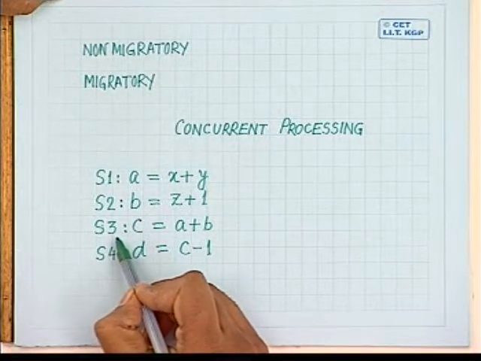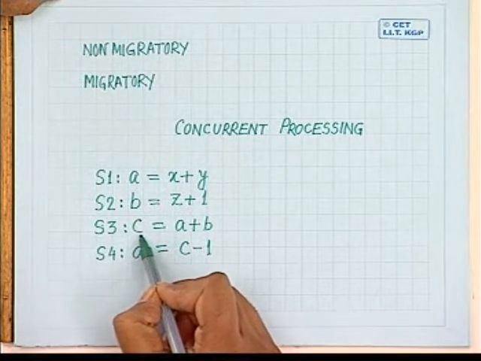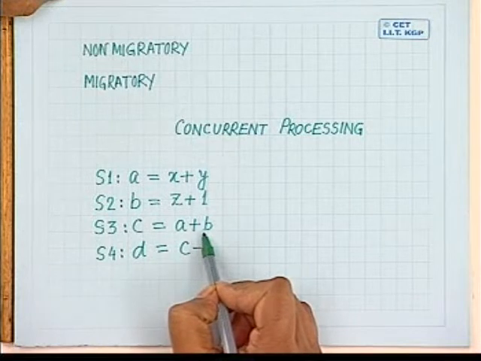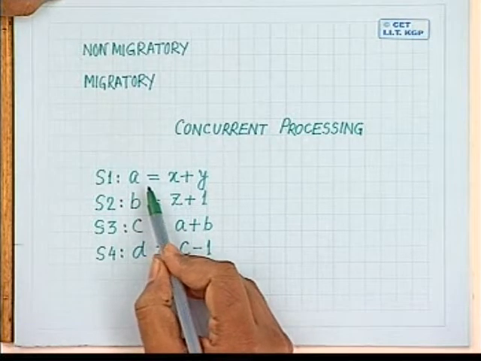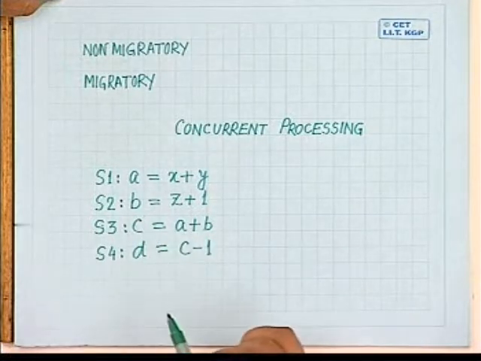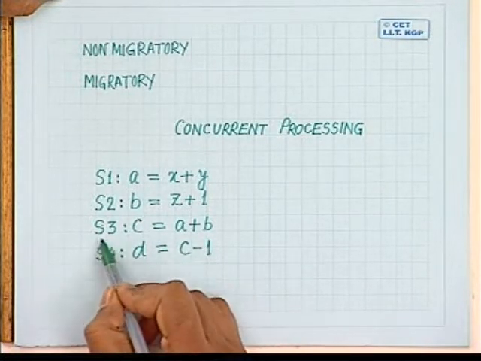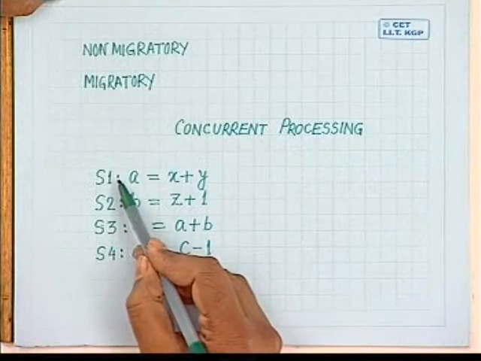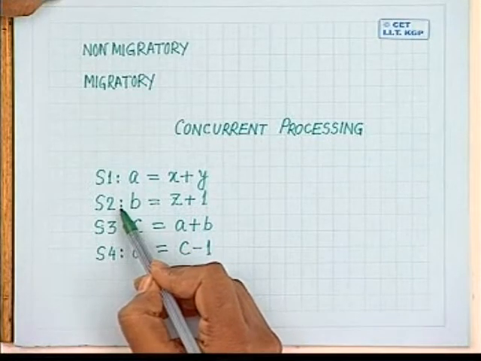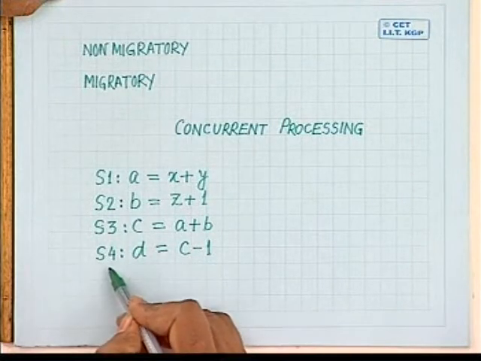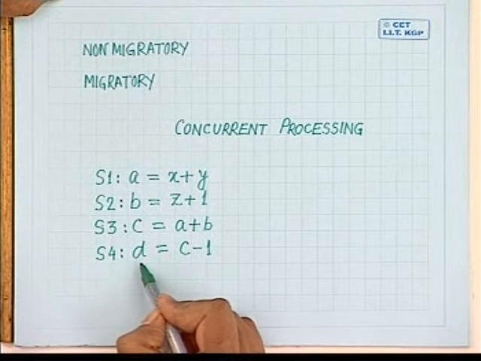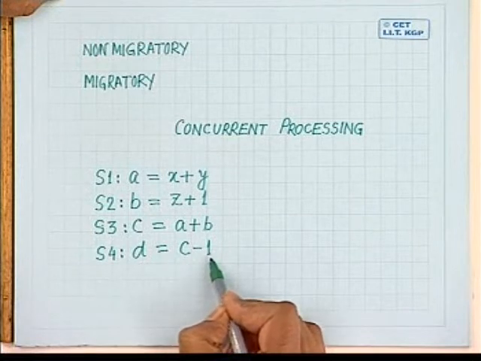Come to statement S3, which says C equal to A plus B. But A is computed in S1 and B is computed in S2. So naturally, S3 cannot be computed until statements 1 and 2 are complete. Come to statement S4, which says D equal to C minus 1.